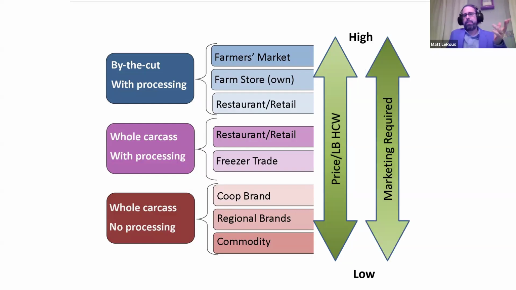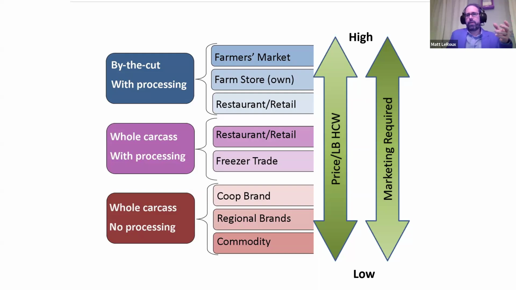But the perspective to remember is that the marketing effort, which really comes about as hours, right? So the hours that you spend are very important to quantify and to value. Even if you're not writing yourself paychecks from the farm, you need to value that time for comparing opportunities.